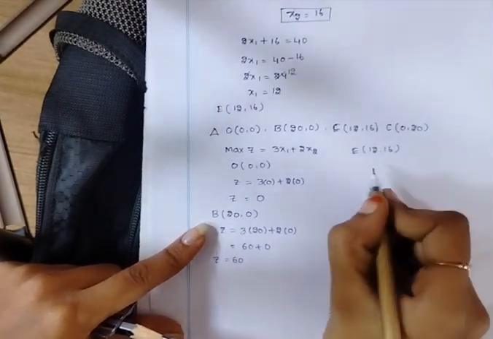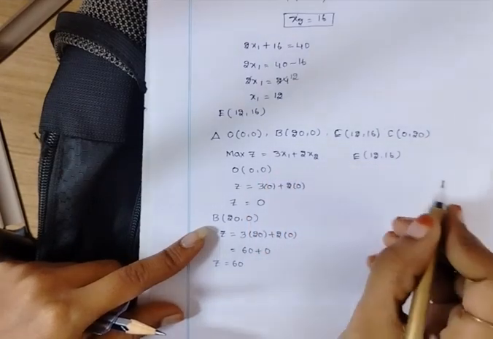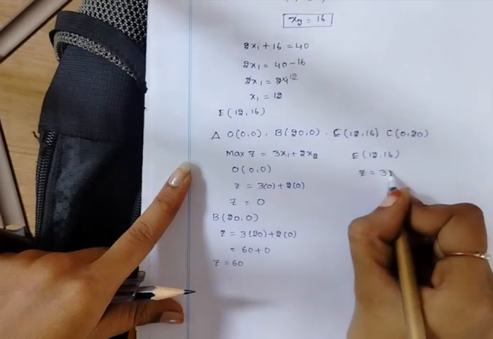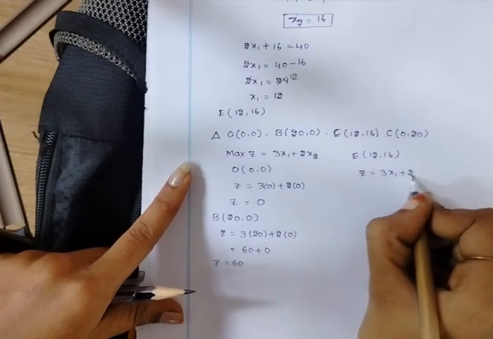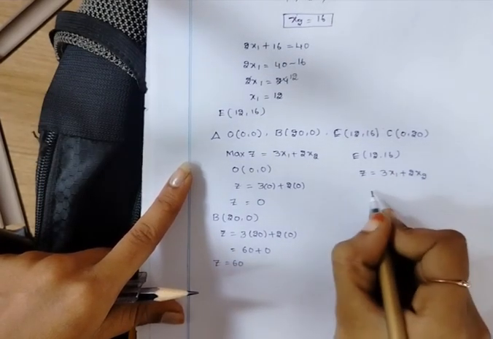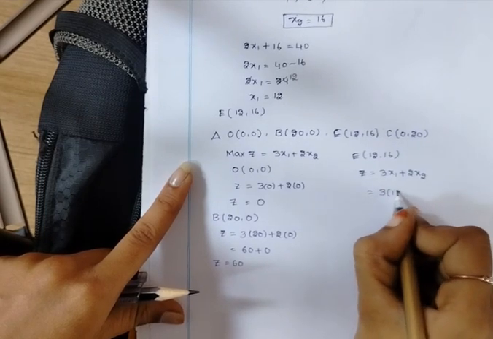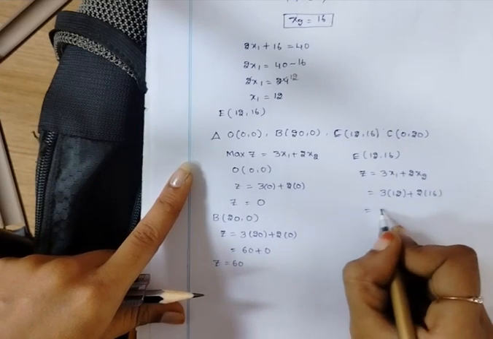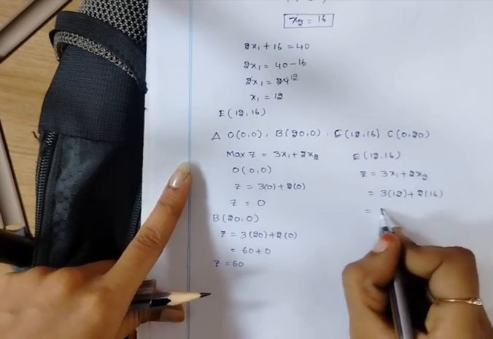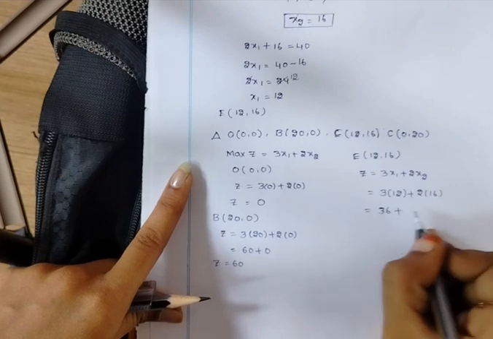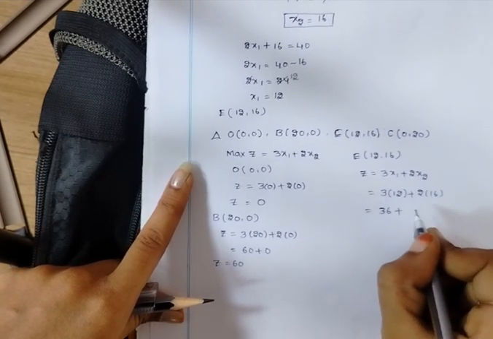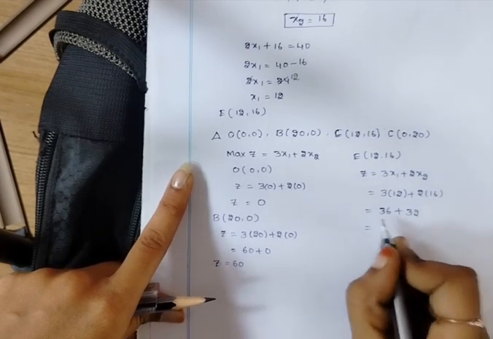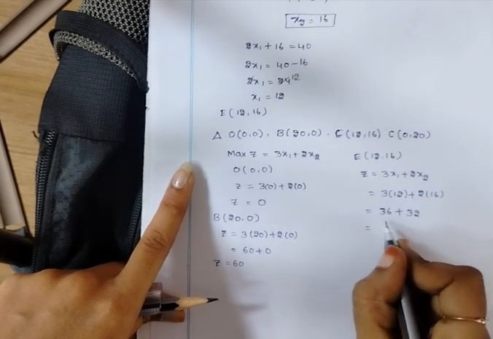This point substitute in the maximization Z equation. Z is equal to 3x1 plus 2x2. 3 into 12 plus 2 into 16. 3 twelves are 36 plus 2 sixteens are 32. 36 plus 32 is 68.